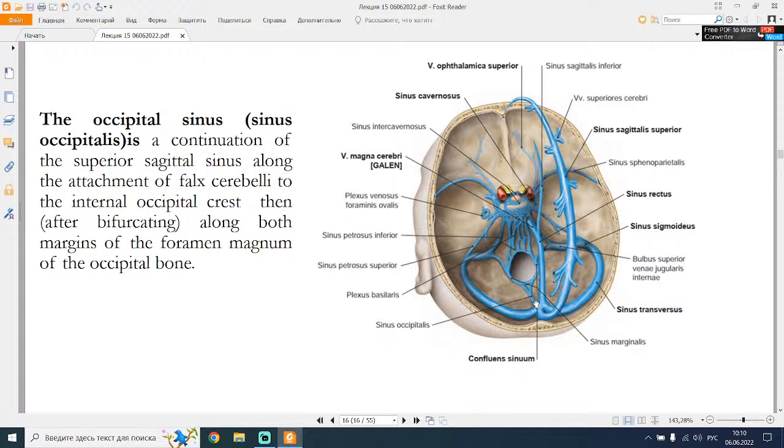Sinus occipitalis is a continuation of the superior sagittal sinus along the attachment of the falx cerebelli to the internal occipital crest, then after bifurcating it runs along both margins of the foramen magnum of the occipital bone.